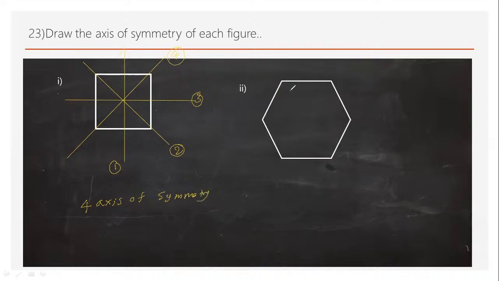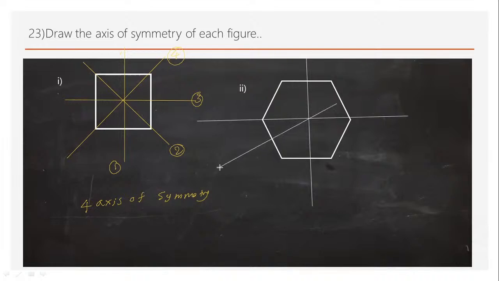Now this one, 6 sides are there. This is a regular hexagon. So 6 sides, then 6 axes of symmetry here. First we can cut through this one, then we can get 2 equal halves. And we can cut like this, through the vertices, and get 2 equal halves.